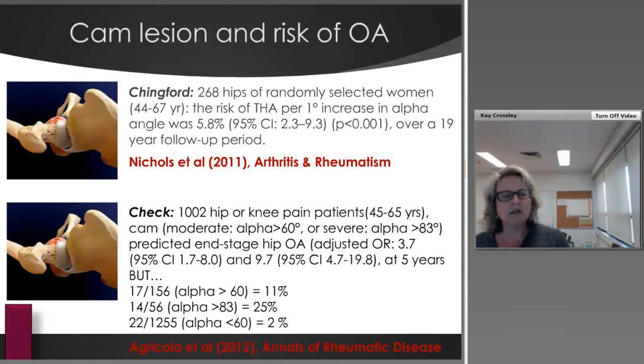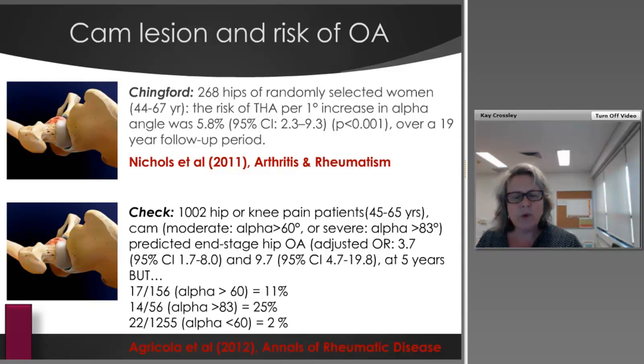So the moderate cam lesion increased the odds by 4% of having end-stage hip osteoarthritis, whereas the severe cam lesion of 83 degrees was nearly a 10% increased odds of having end-stage osteoarthritis at 5 years.